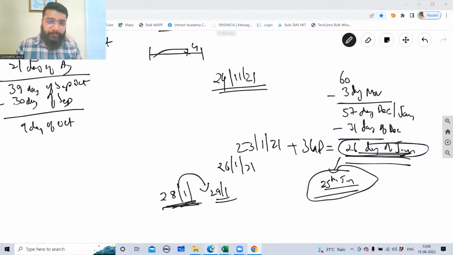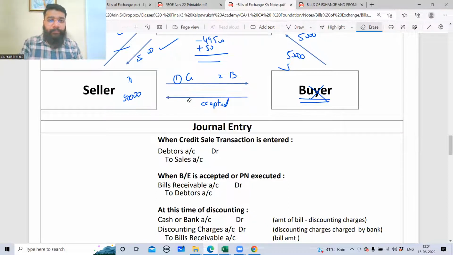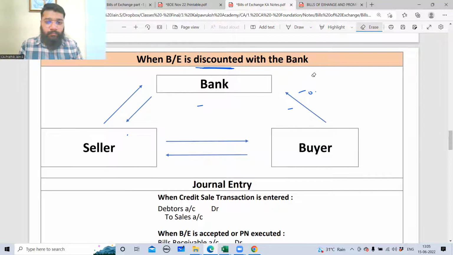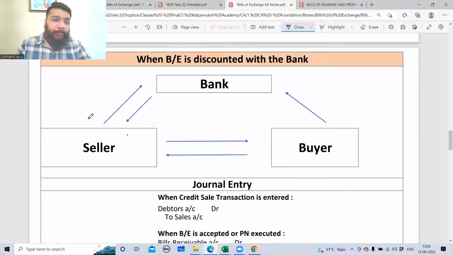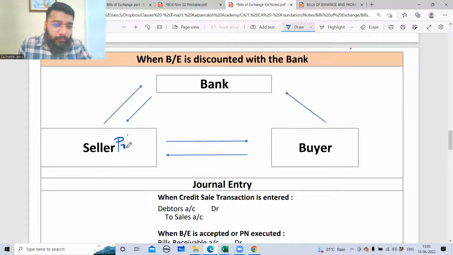So let's do it here. The seller is Prakash, the buyer is Mohan.